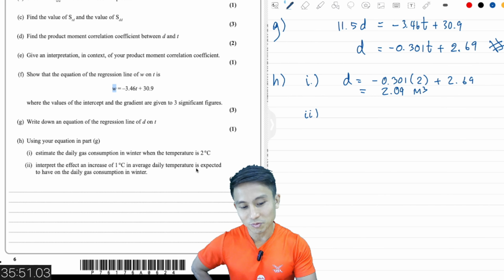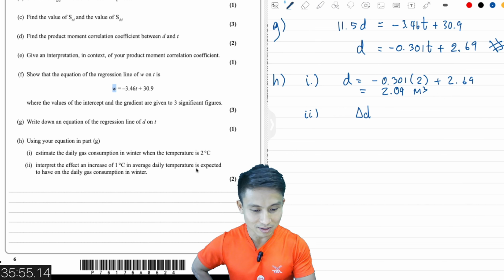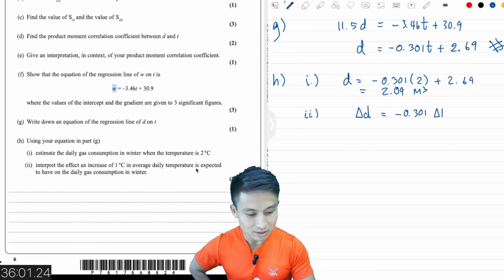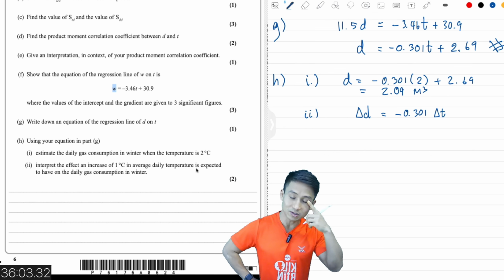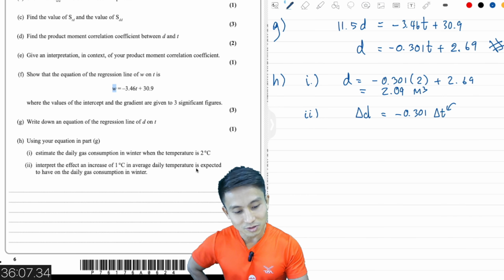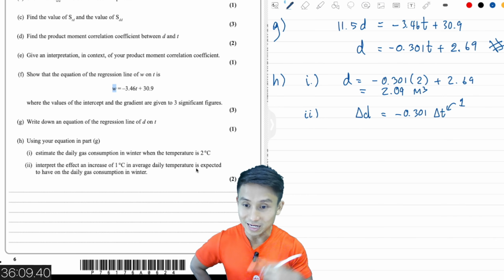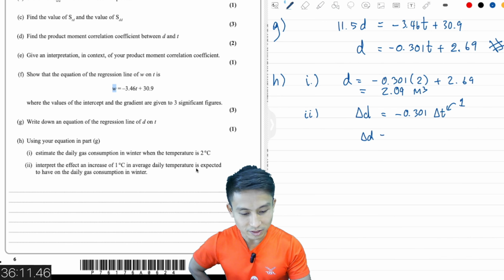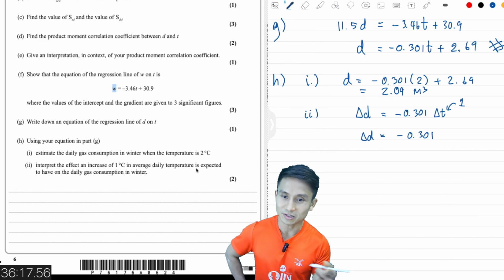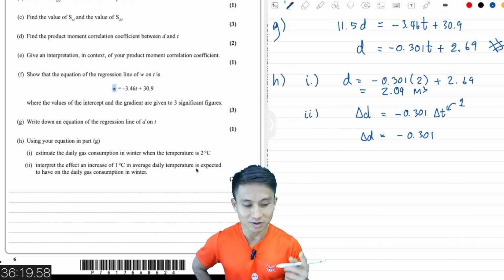Because basically, you can make the equation look like this. From that linear regression line model, you have delta D equals minus 0.301 delta T. So that means if you plug delta T as 1, an increase, delta D will be a decrease of the gradient there. Because that's what the gradient is, the change per 1 unit delta X, right?